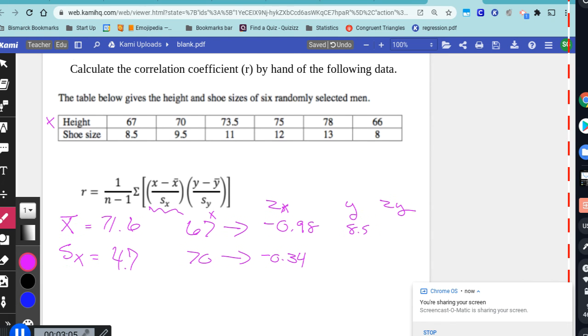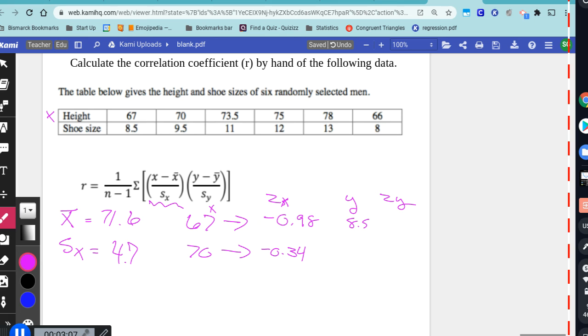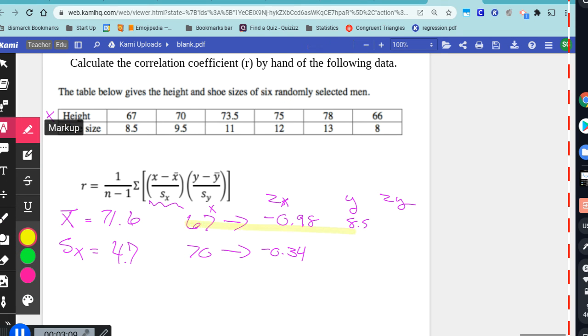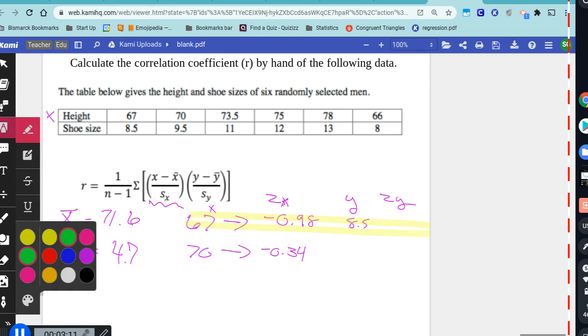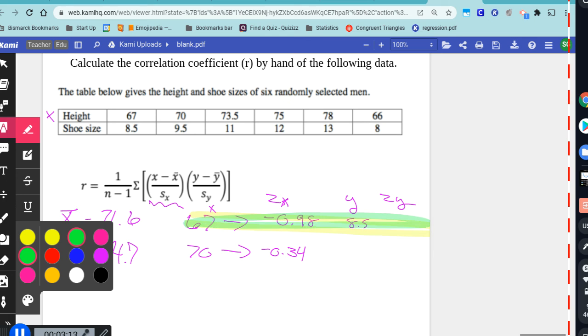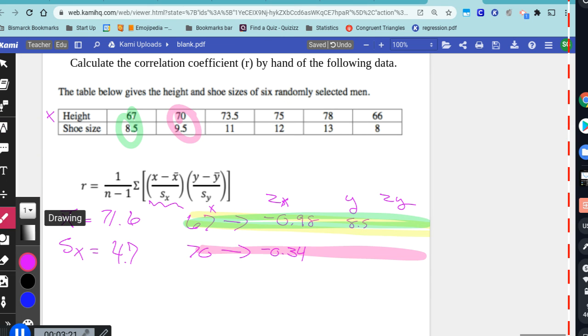Okay, now I've kept these in rows on purpose. So this row here was all from this person here, and this row here was all from that person there. So now we're going to multiply the z-score columns.